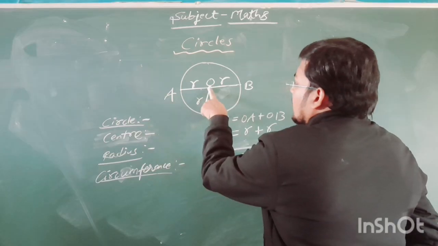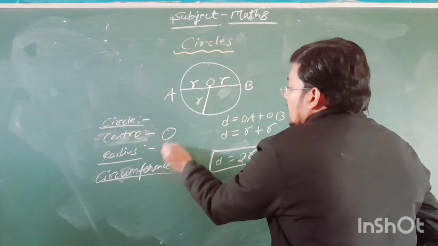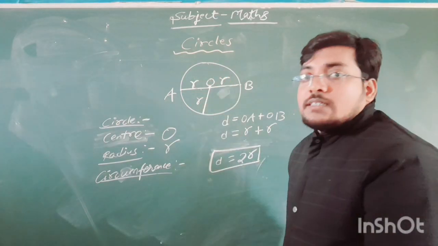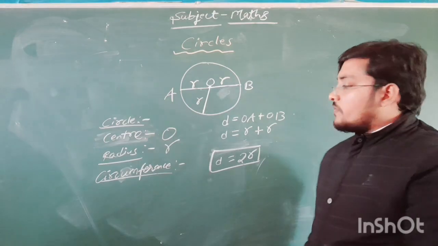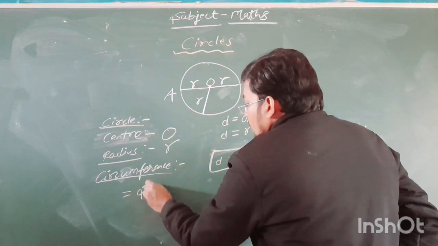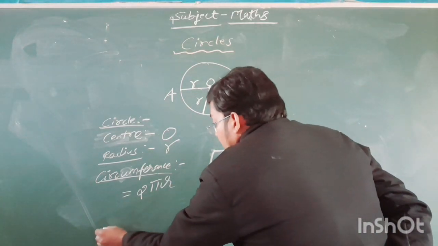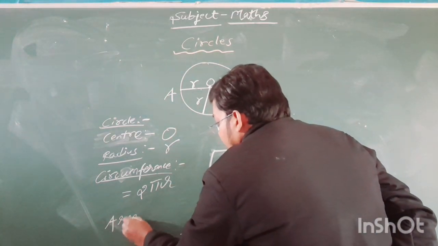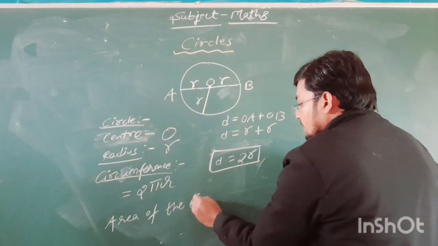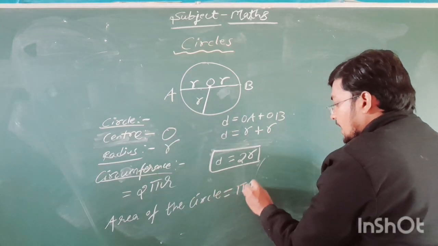Center of the circle is O, which is a fixed point, and radius of a circle is R. Circumference of the circle is equal to the length of its boundary, which is 2 pi R, and also area of the circle is equal to pi R square.